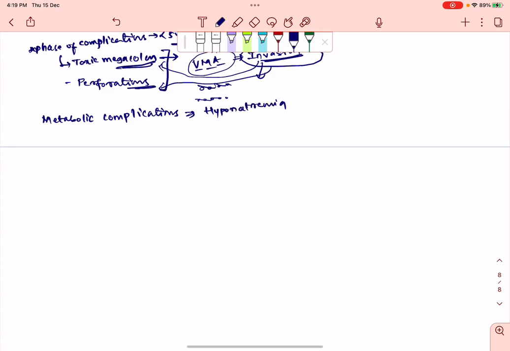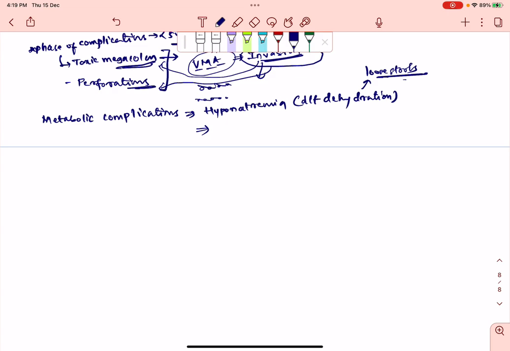Why hyponatremia? Due to dehydration. Dehydration per se is a complication actually. Due to loose stools, there is dehydration and hyponatremia.